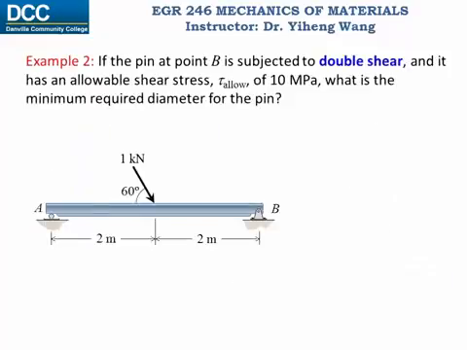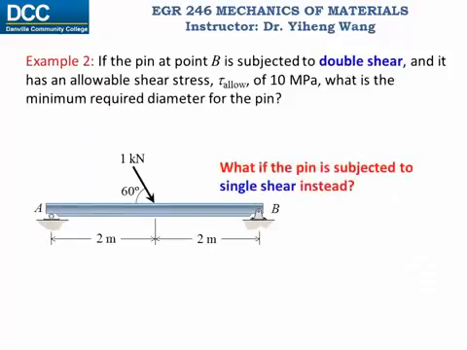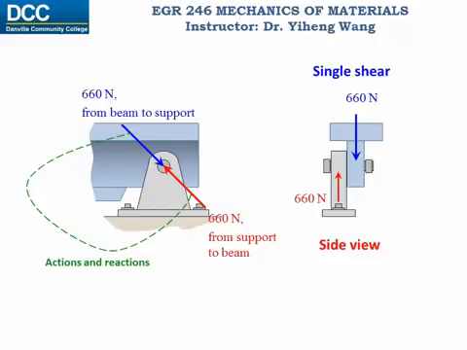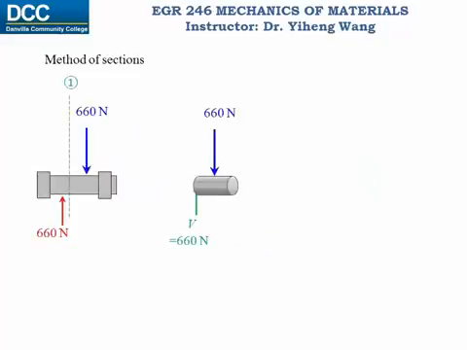But just quickly, let's think of this. What if the pin is not subjected to double shear, but single shear? That would mean the support bracket only has one supporting leaf, as shown in the side view of the support.